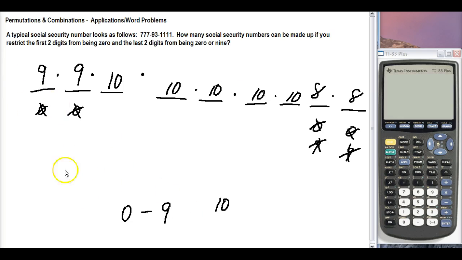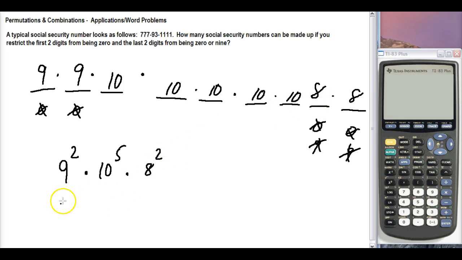And so I'm going to get rid of this last part down here right quick. And so once we're done with that, I'll go ahead and say, all right, so the total number would be 9 squared, since we have two 9s, times 10 to the fifth power, times 8 to the second power, of course.